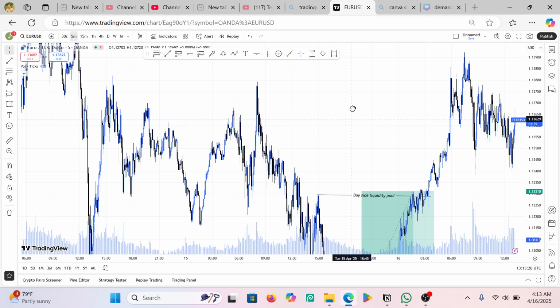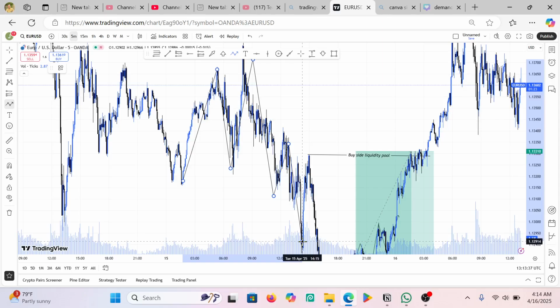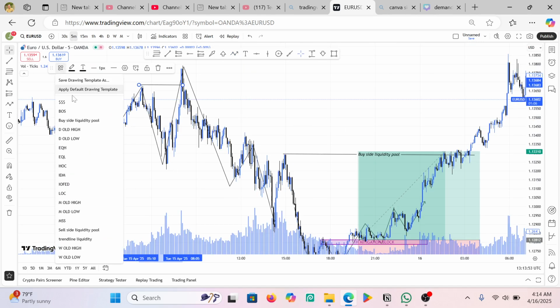It took liquidity, came, retraced, went down. It's a very choppy line, but I think you can observe it. There's a sweep of liquidity above here, and we form our breaker block here, the last sell candle.